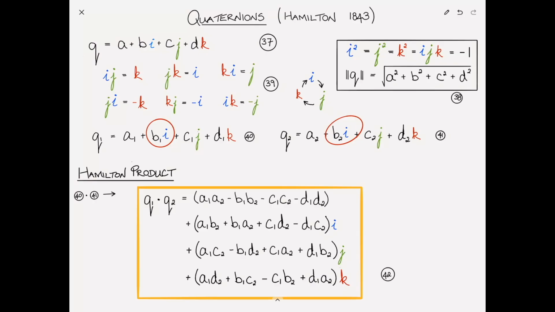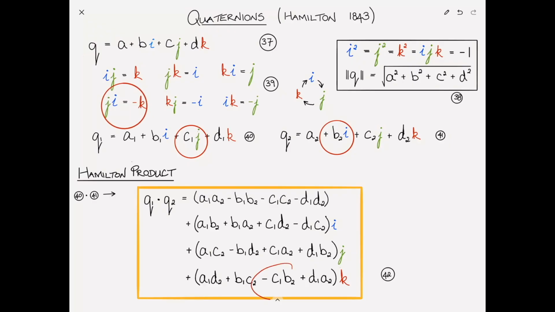This would give me B1B2 times I squared, but I times I is minus 1. So that's where I get the minus B1B2 from. On the other hand, if I multiply B1I times C2J, that would give me B1 times C2 times I times J. But we know I times J is K. So there's my B1C2K. On the other hand, if I multiplied C1J by B2I, I would get C1 times B2, J times I, remember the order of those is important, J times I is minus K.